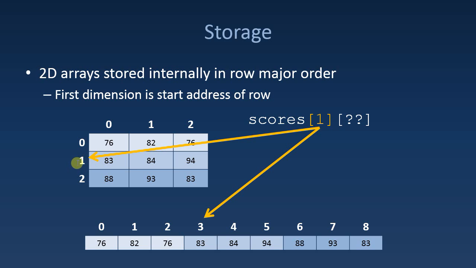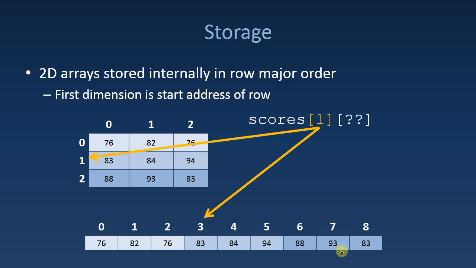So if I know that there's 3 columns in this array, and I want to access column 0 of row 1, I can do 1 times 3 to get the right offset for the row, and then plus the column number 0, so it tells me that's right at location 3. Let's say I want to find this square, row 2, column 1. I do 2 times 3, because there's 3 columns, that's 6, plus the column number 1 is 7.